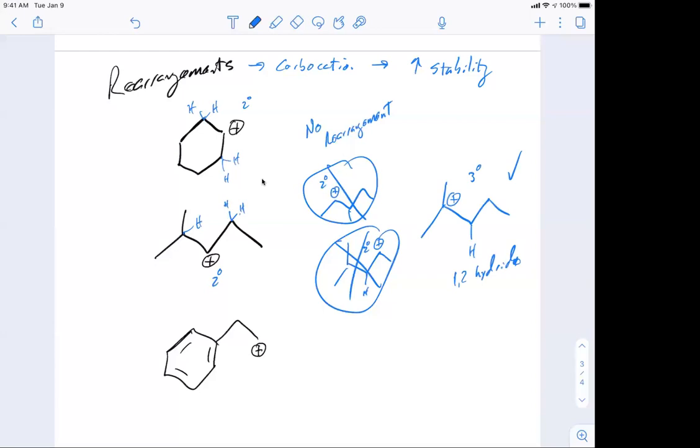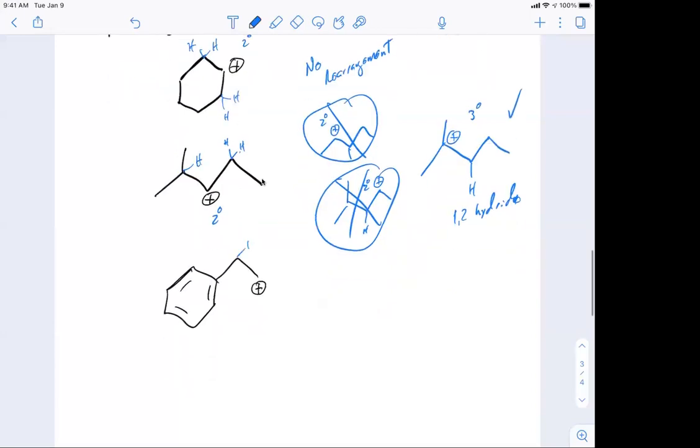Okay, and this last one down here, we have 2 hydrogens, nothing on the other side. So let's see what happens if we do a shift. If we did the shift, we'd end up here. So this is primary, this is secondary. So that's a stabilization. But is it just a secondary?